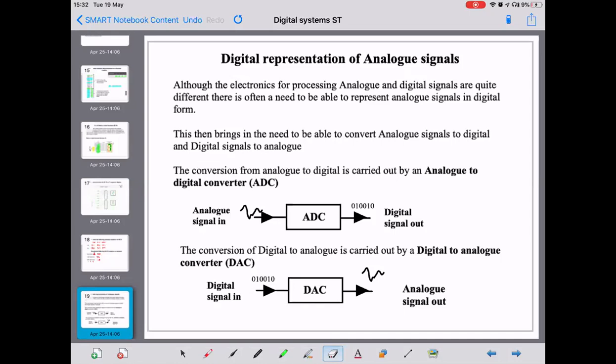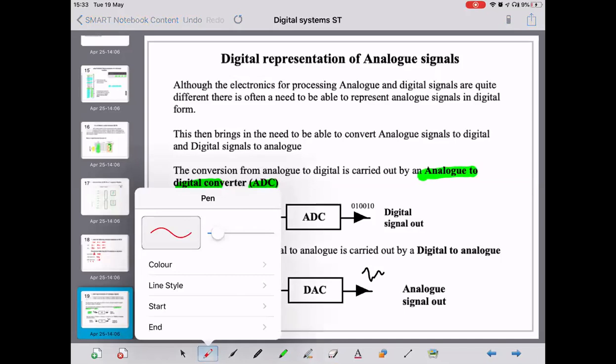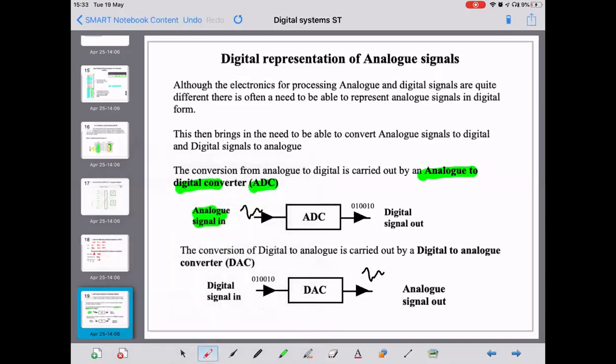The conversion from analog to digital is carried out with an analog to digital converter, ADC for short. It takes an analog signal in, one that is a level between two limits that we talked about before. So it might be 0 to 15 volts or 4 to 20 milliamps, e.g. 0 to 15 volts, say.